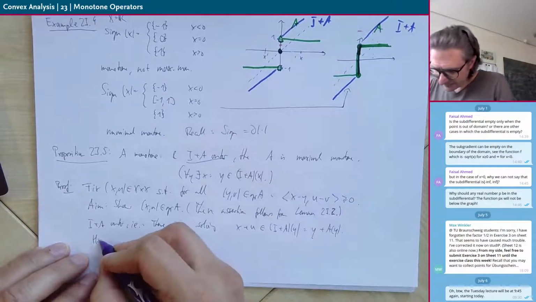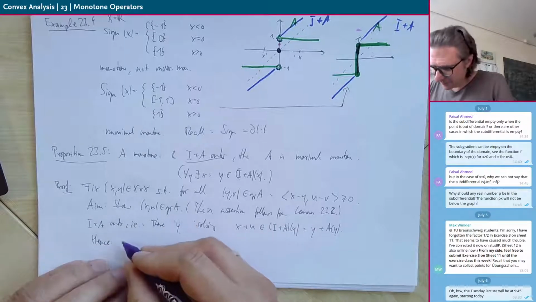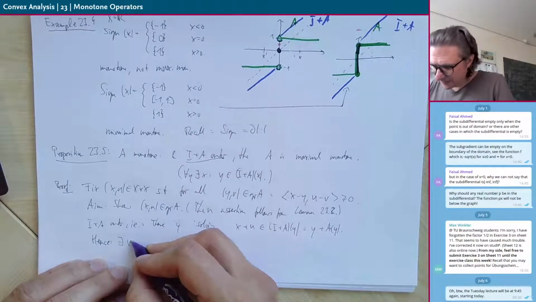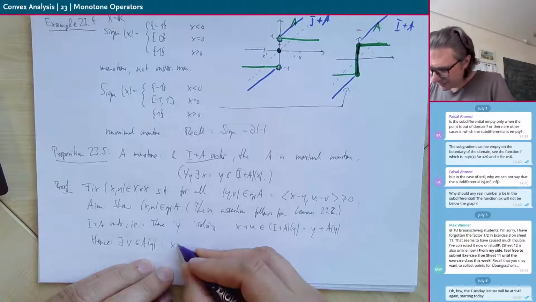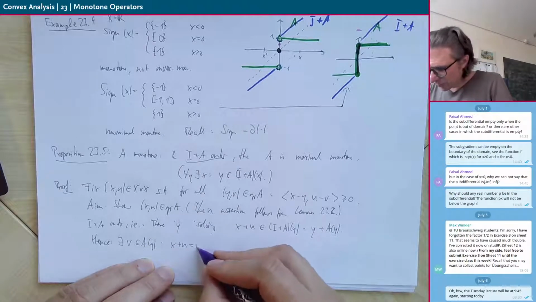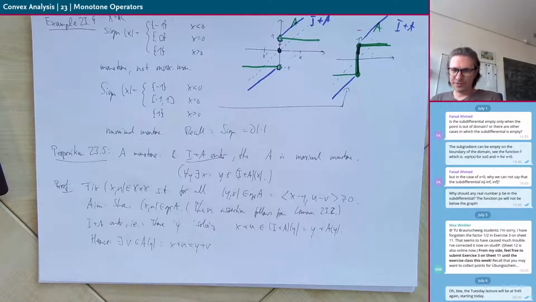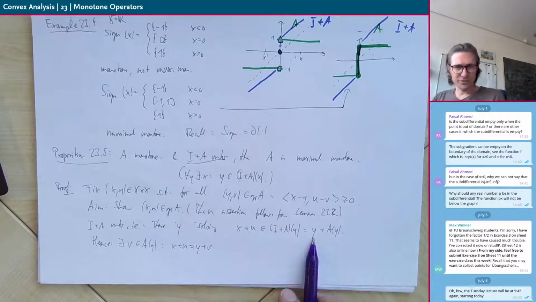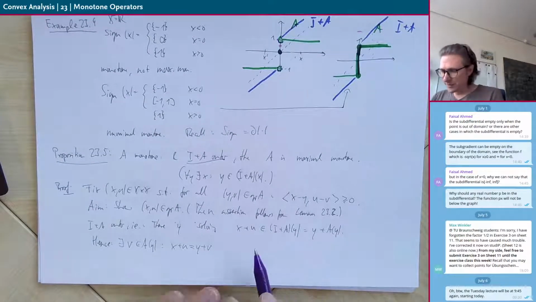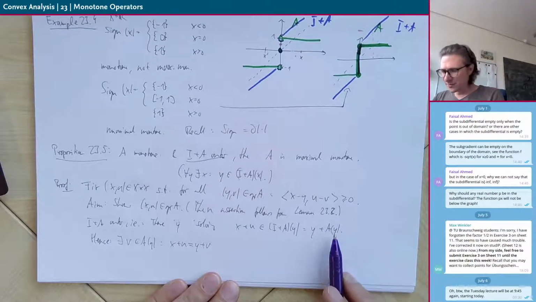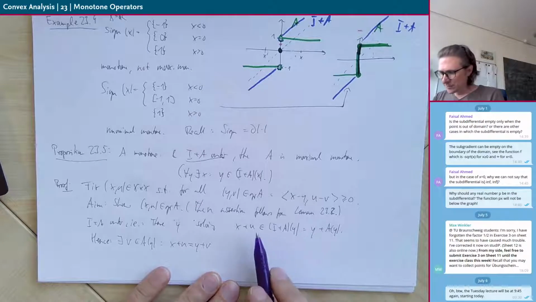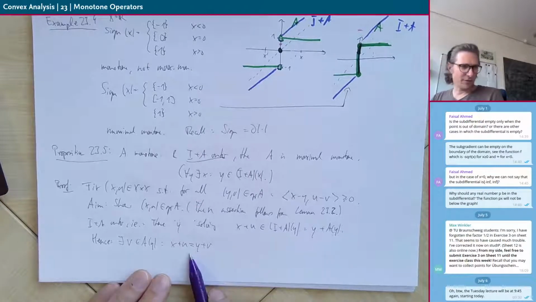Hence there exists v in A of y such that x plus u is equal to y plus v. That is how you can work with such inclusions. So to get concrete, if x plus u is in y plus A of y, and A of y is a set, there has to be some element in the set which gives you equality.